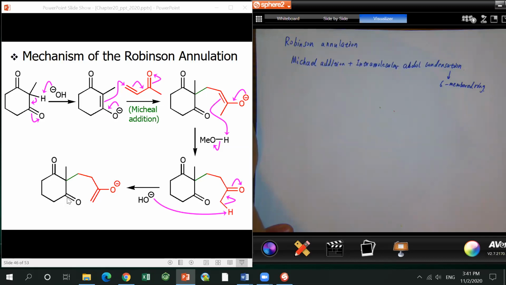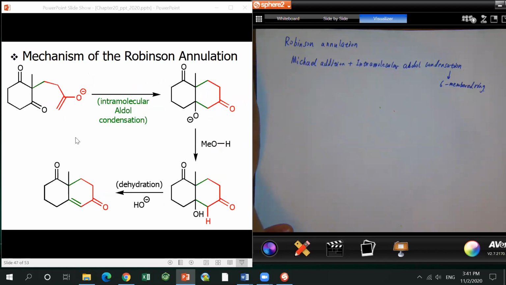This one can attack the original carbonyl compound, the diketone carbonyl functional group, and then you close the ring. You generate the aldol product, and eventually you do the dehydration, generating the alpha beta unsaturated ketone. So that's the whole process.